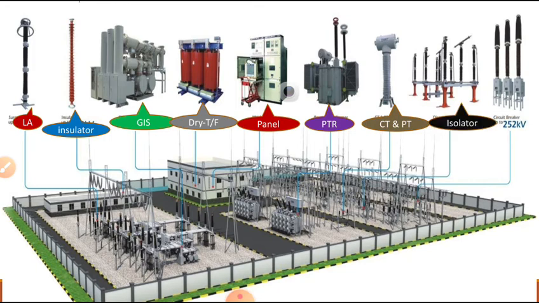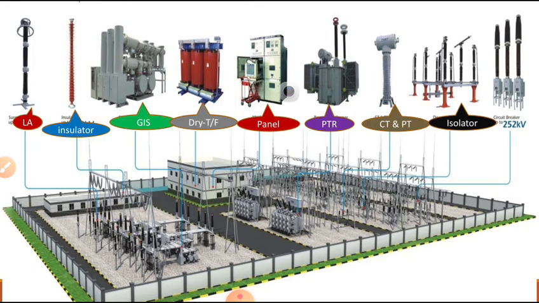Now another is the isolator system. You can see the isolators. It operates only after the circuit breaker has operated and opened the line. That means an isolator is always operated under no load condition only.